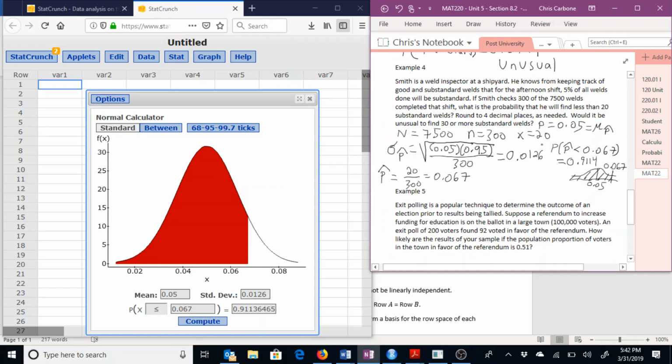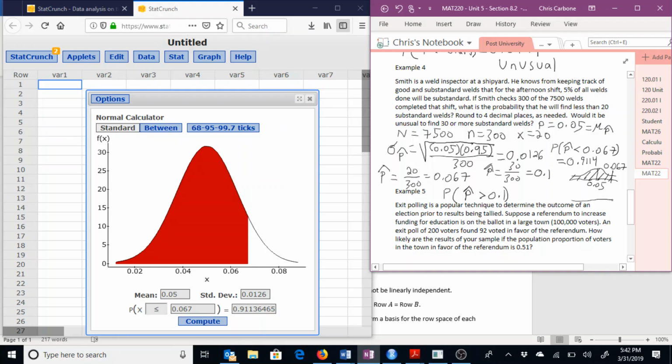And then from that, we want to know if it's unusual to find 30 or more substandard welds. So for something like that, we want to recalculate p hat to be equal to 30 over 300, which would be about 10%. That means then the probability of p hat being greater than that 10%.